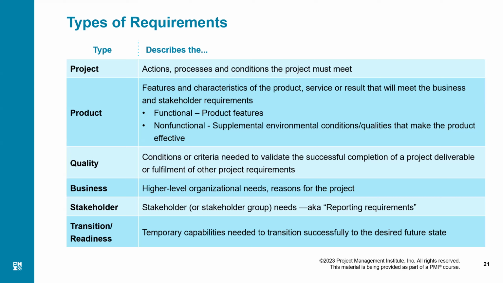Are you with me? Okay. So as I said, project requirements mean actions, processes, and conditions the project must meet. I mean, that is the work of the project. What all the project manager needs to do, that all will be within the scope of the project.